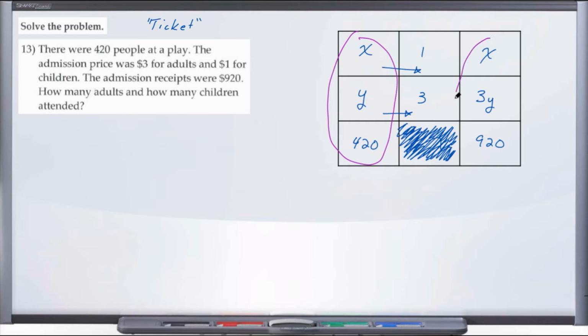All right, so our box is filled in, and we know that these far left and right columns are going to be the equations that we use for the system. So we have X plus Y equals 420, and X plus 3Y equals 920. All right, well, again, this is set up really nicely for elimination.